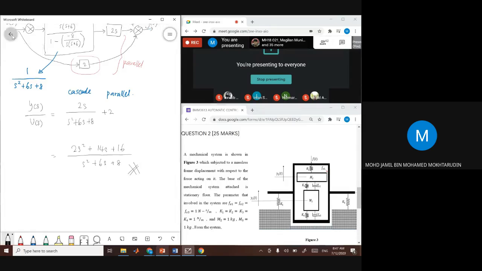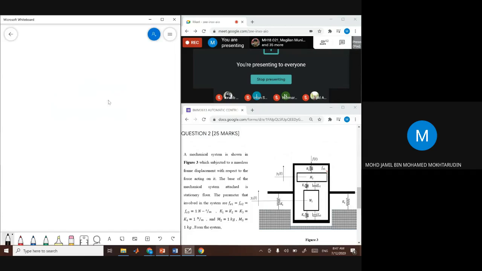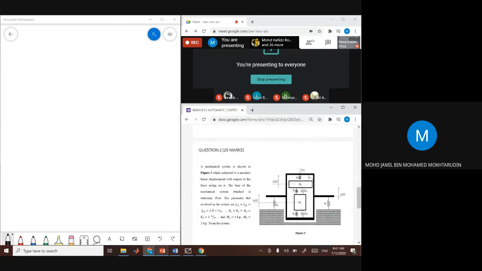So question 2. A mechanical system is shown in figure 3, which is subjected to a massless frame displacement with respect to the force acting on it. The base of the mechanical system is attached to a stationary floor.